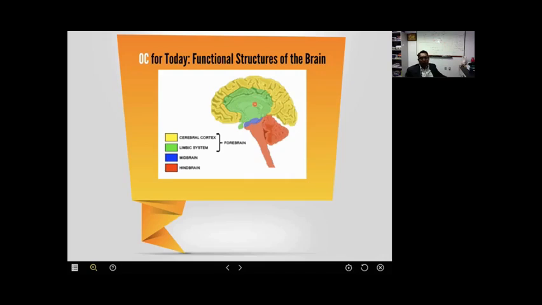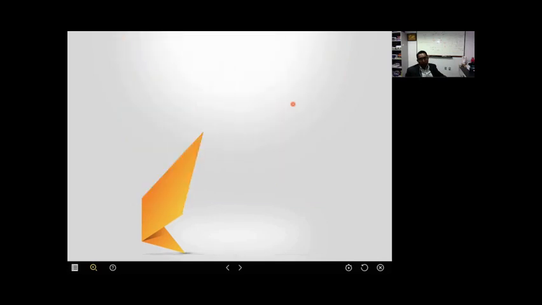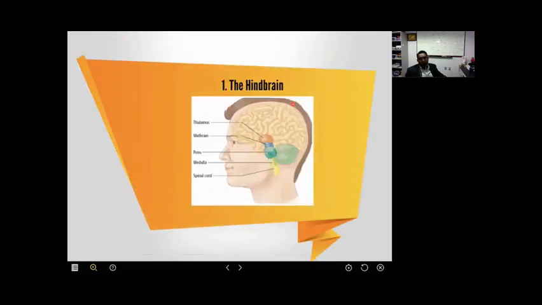But most of these subcortical structures work in unison together to form a system called the limbic system. So the cerebral cortex and the limbic system together constitute what is called the forebrain. Let's start with the hindbrain, then we'll talk about the midbrain, then the forebrain.